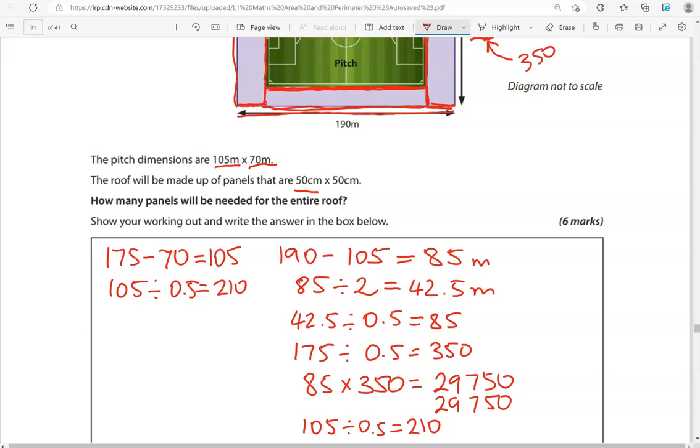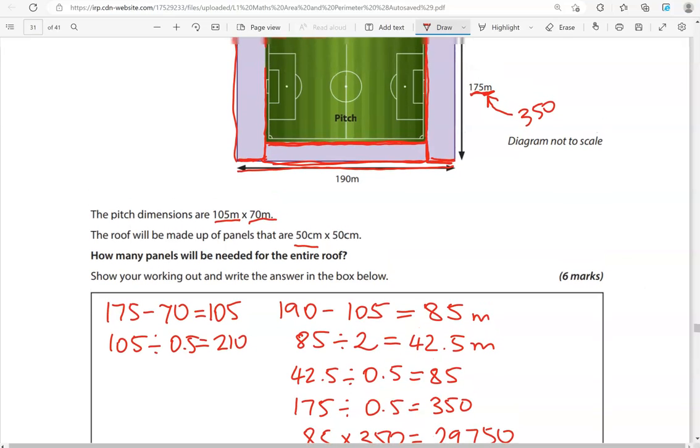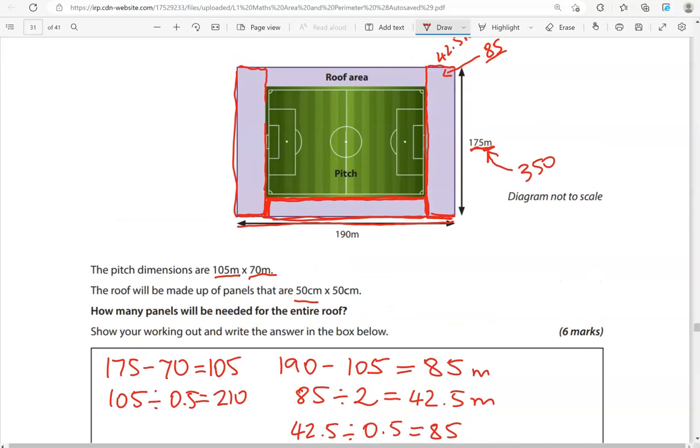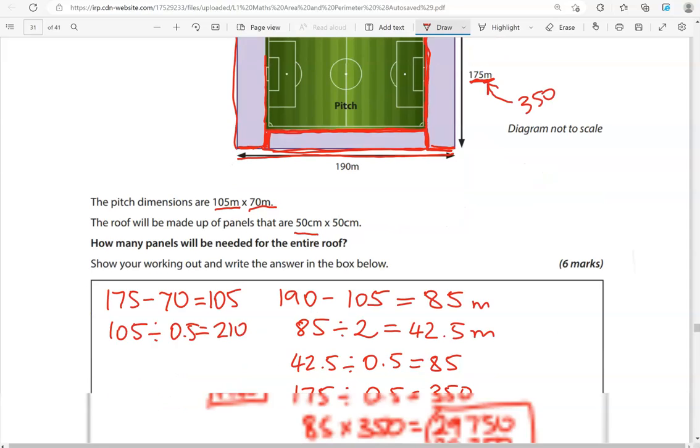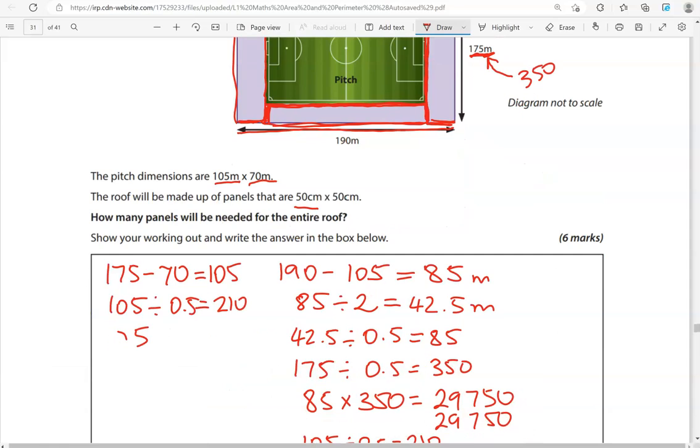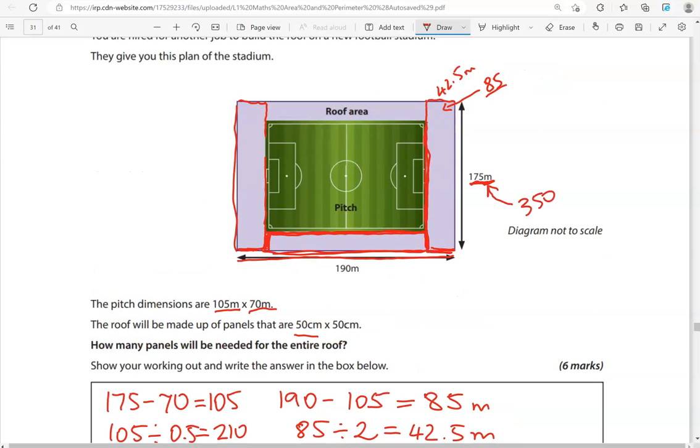What about along the width? So we need to work out what one of these is equal to. Or here, it's the same. So we'll do 175, take away the width of the pitch, which is 70. So 175 take away 70 gives us 105. So 105 is for both of these, this one and this distance here.